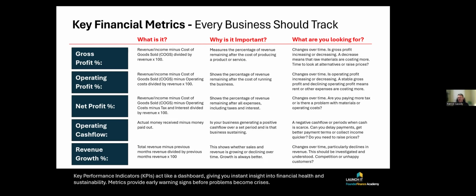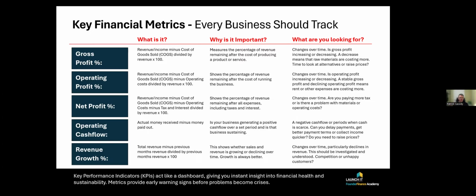And why that's important is you're looking again, it changes over time. So if operating profit is increasing or decreasing, are you seeing increases in other expenses in running your business? And again, it's just giving you a metric that you can measure that shows you changes over time.